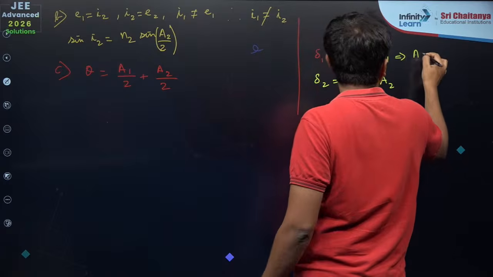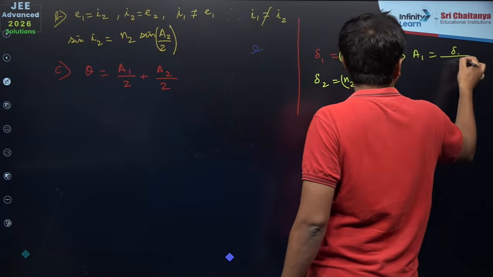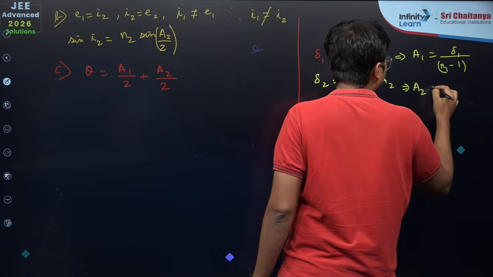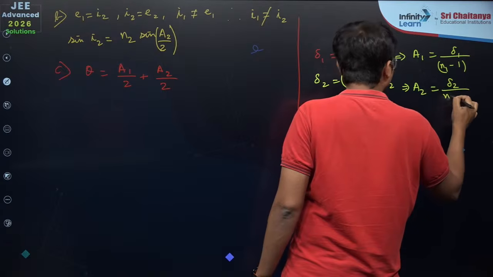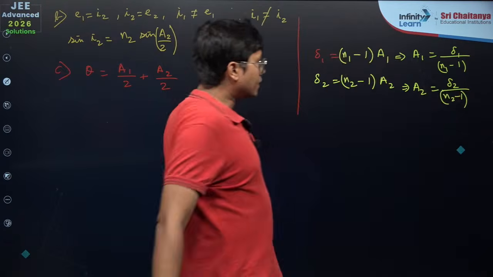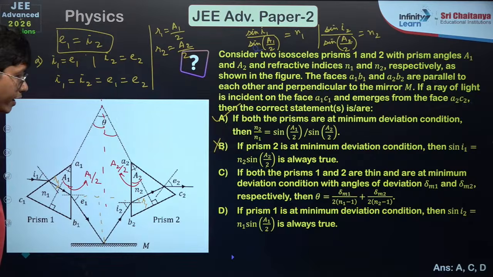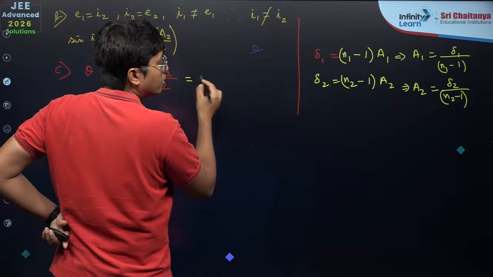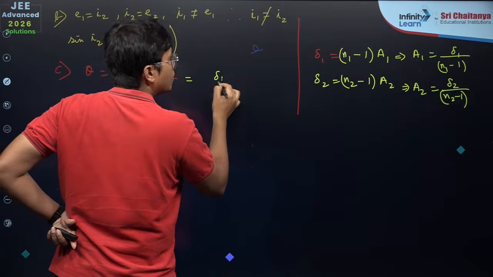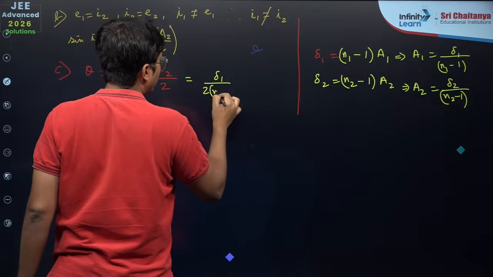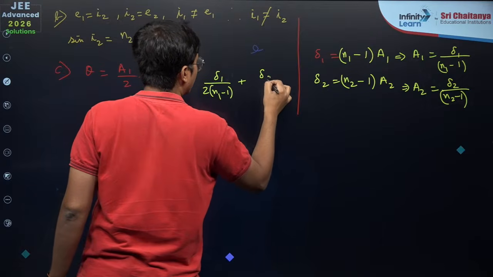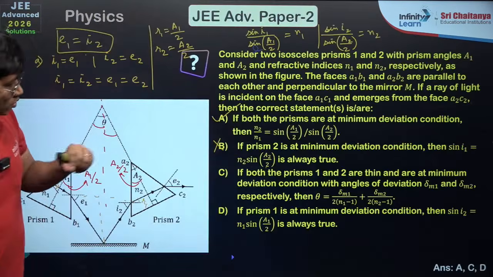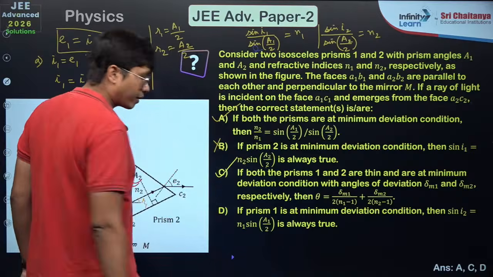So A1 is basically delta 1 by n1 minus 1, and over here A2 is equal to delta 2 by n2 minus 1. We got that down. Take it and plug them in here. So I have delta 1 by 2(n1 minus 1) plus delta 2 by 2(n2 minus 1). So option C also comes out to be correct.